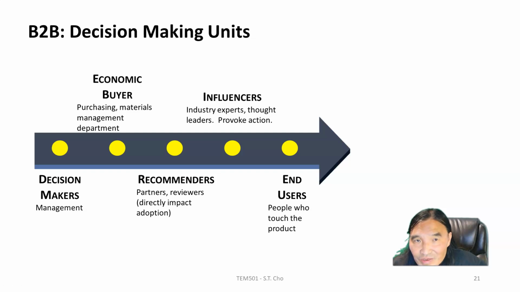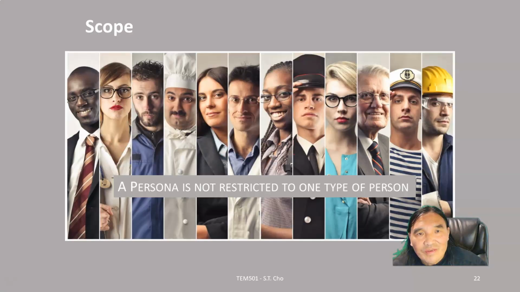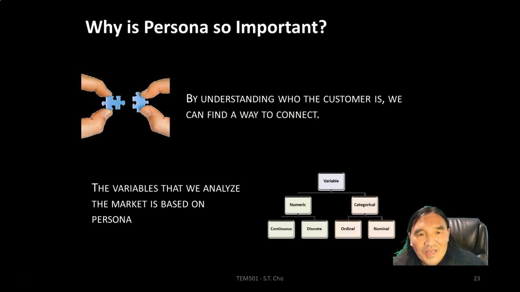But the end users may not be the people who make the decisions on the purchase. An example of that is nurses in hospitals. Nurses can't sign off on buying materials. That's the materials manager. But they can have some input of whether or not you want to get it. You might imagine multiple people who buy your product.